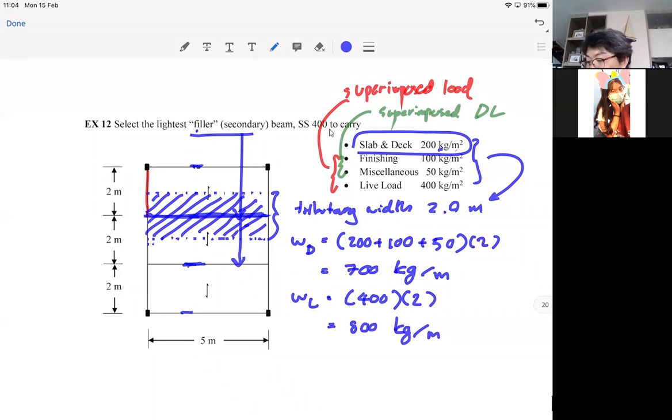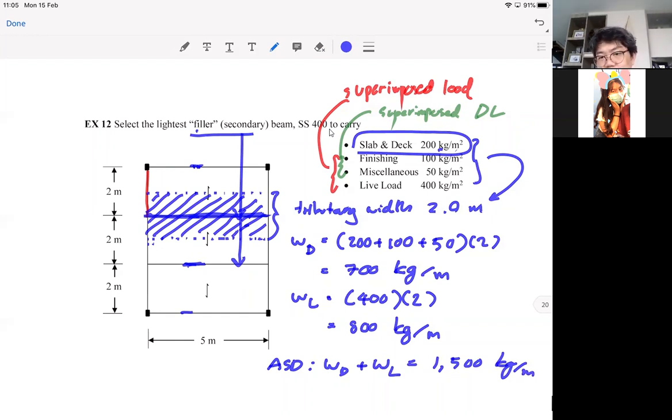So if I am going to use the ASD, my load combination would be uniform dead load plus uniform live load. And that is about 1500 kilogram per meter.